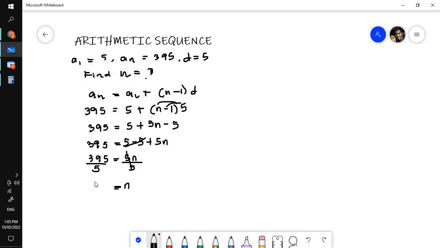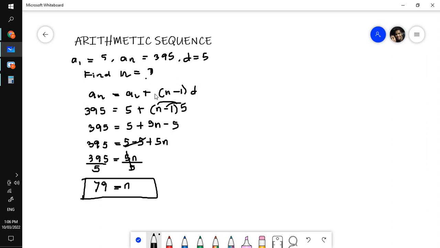The answer is 79. So this means that the value of our n here is equal to 79, and a sub 79, or the 79th term in the sequence, is equal to 395.